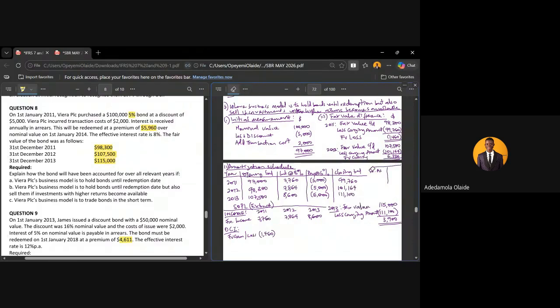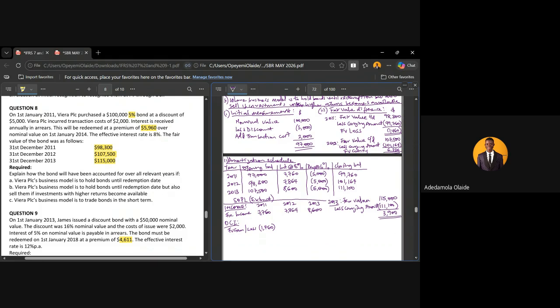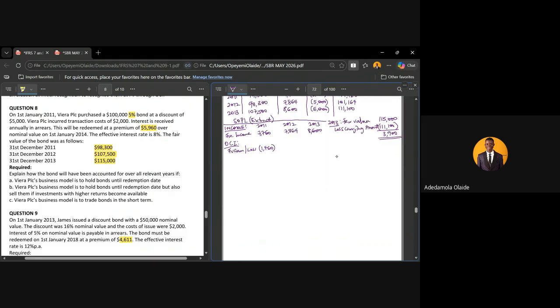Let me draw it properly so that you can get a feel of what I'm doing. We have fair value gain or loss, the one that will go to our other components of equity.